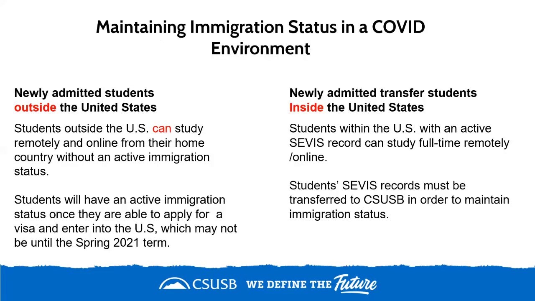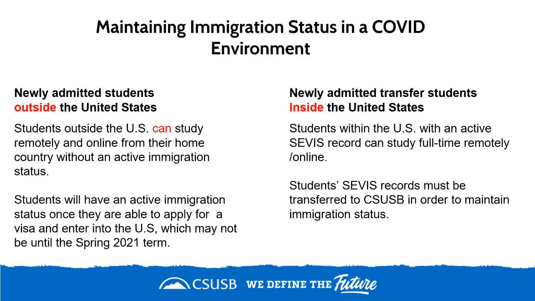For example, newly admitted students outside the United States can study remotely online from their home country. Immigration regulations prevent us from activating their SEVIS record if they are outside the country. Once they're able to enter the U.S., that's when their SEVIS record will be activated.